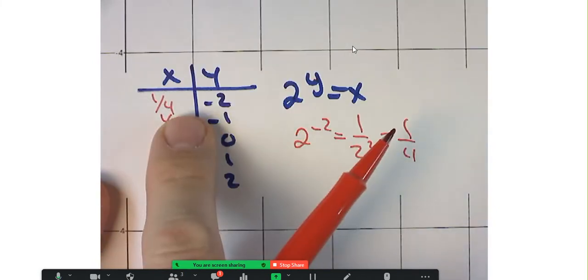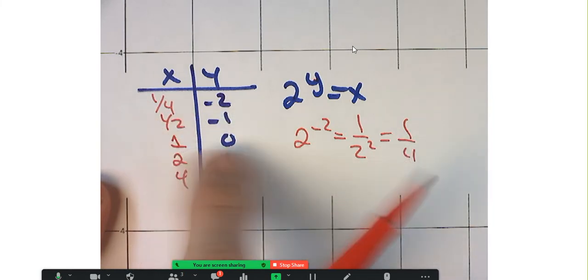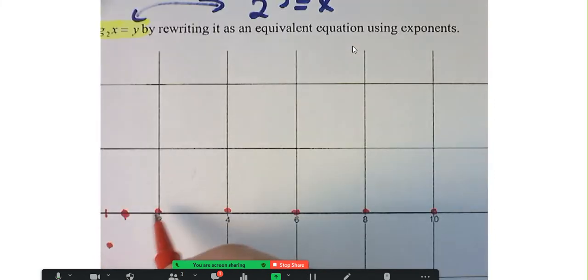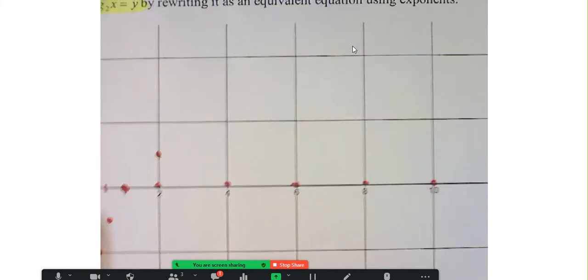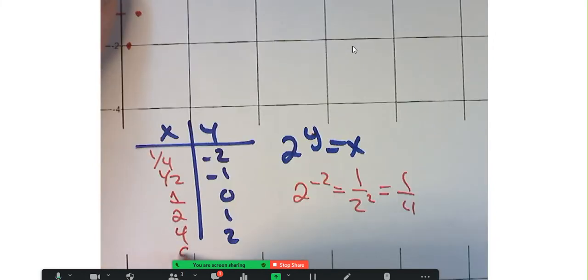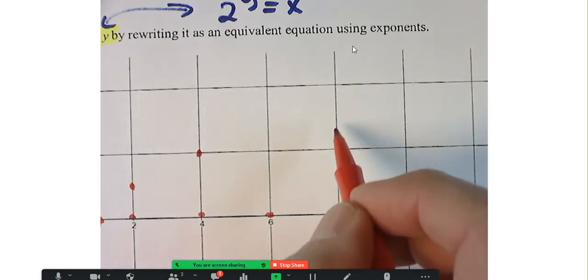So I'm graphing some of these early ones. 1/4, -2, 1/2, -1, 1, 0, 2, and 1. So 2 for x, 1 for y. And then the next one I get is 4 for x and 2 for y. And I'll throw in a bonus one for you, 8 and 3. So 8 for x and 3 for y.